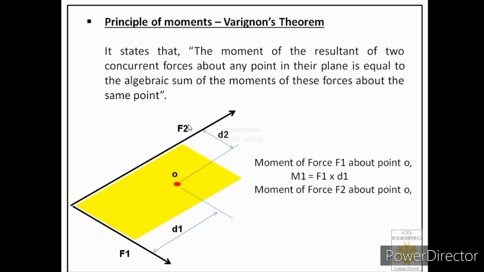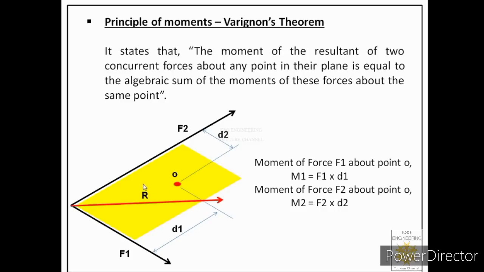That will be equal to the product of the magnitude of force F2 and its moment arm. So over here, M2 is equal to F2 into D2. Now we have found the moments generated by these two forces about a moment center which is in their plane. Now let us see what is the meaning of this theorem.